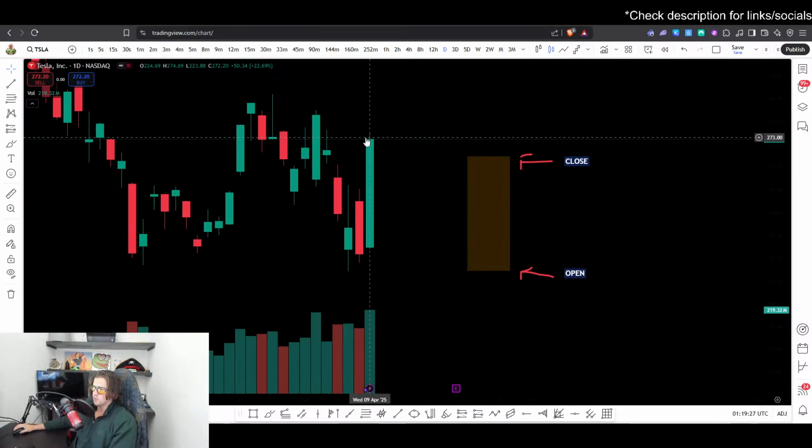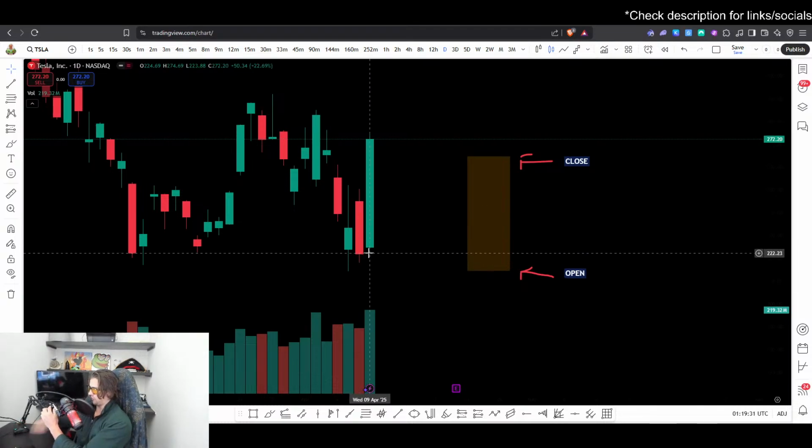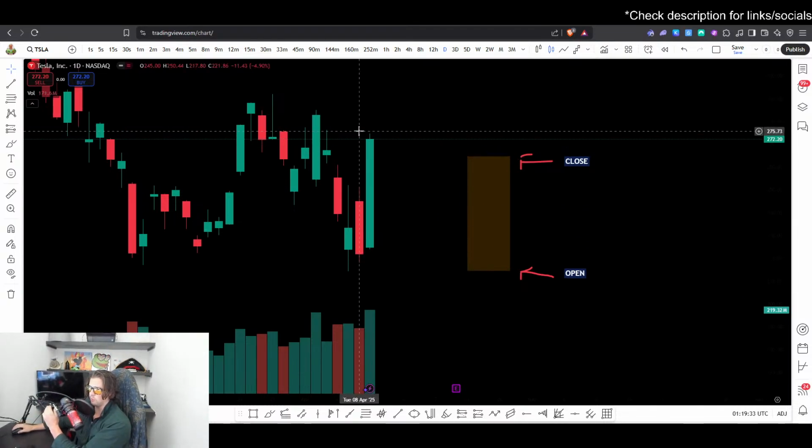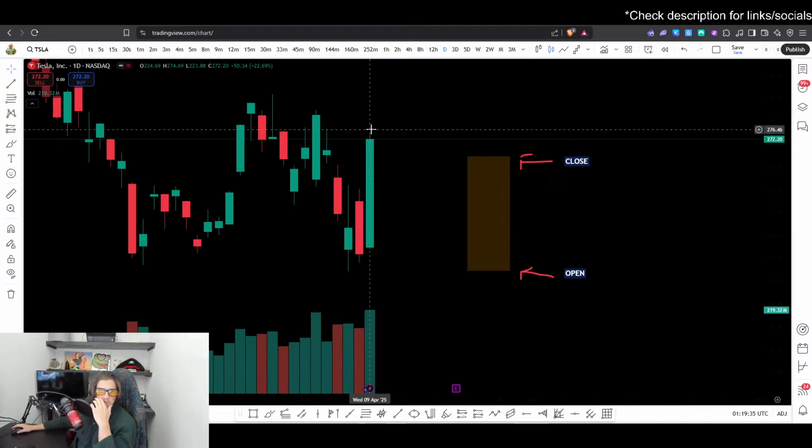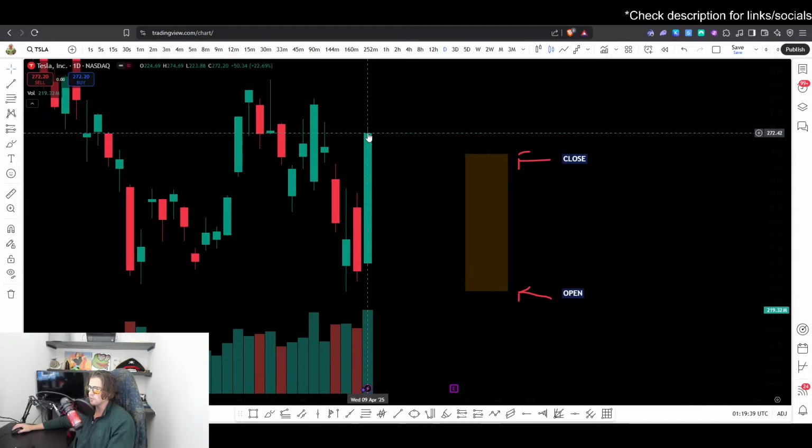So we call them wicks or tails. Technically, tails are anything that are below the candle, and wicks are anything that are above the candle.